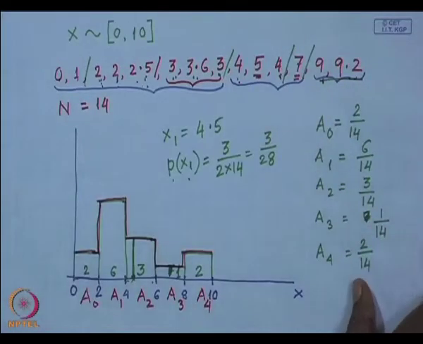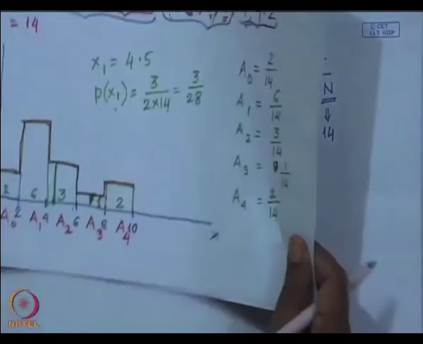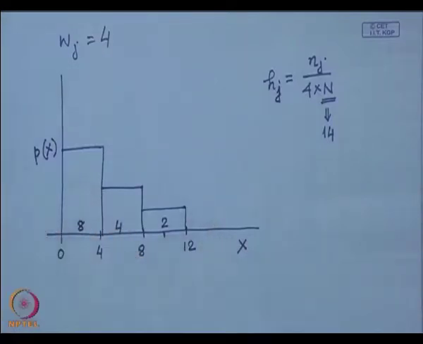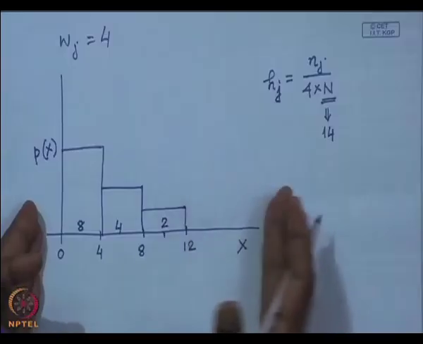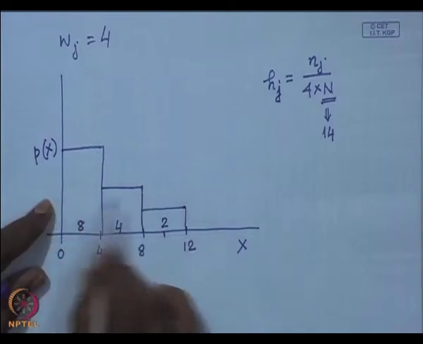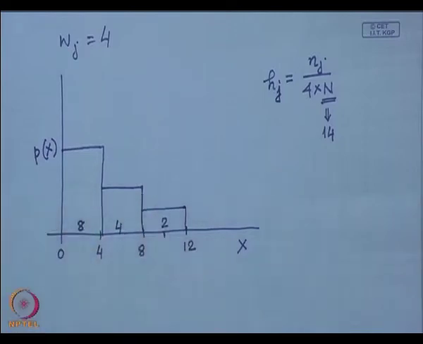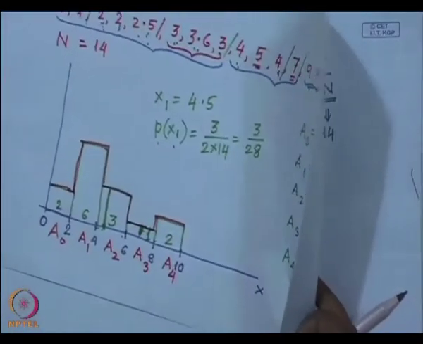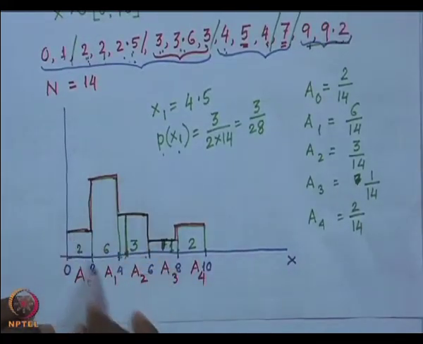Whereas, if I use a larger bin size, that is a situation of this form, then I am going for more and more uniform density estimation. So, if the bin size is even larger, it will be more and more flat. As a result, certain details in the probability density estimate as seen over here will be lost.